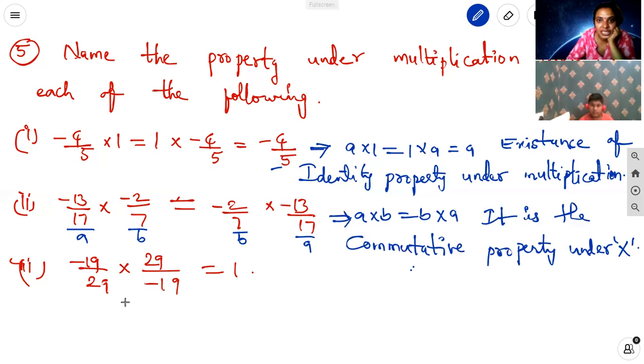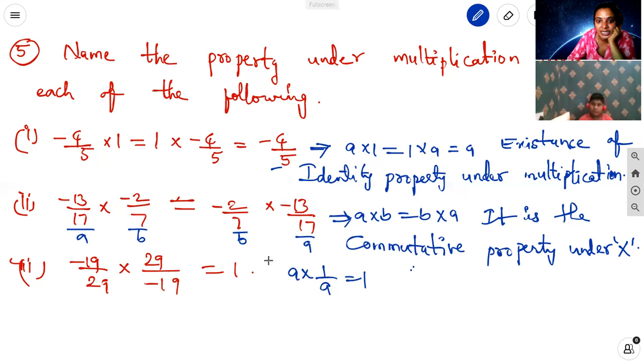Third one, we have clearly done in the previous question, that is the fourth question. The reciprocal of minus 19 by 29 is 29 by minus 19. So the product of those two is equal to 1, which is in the form of A into 1 by A is equal to 1.